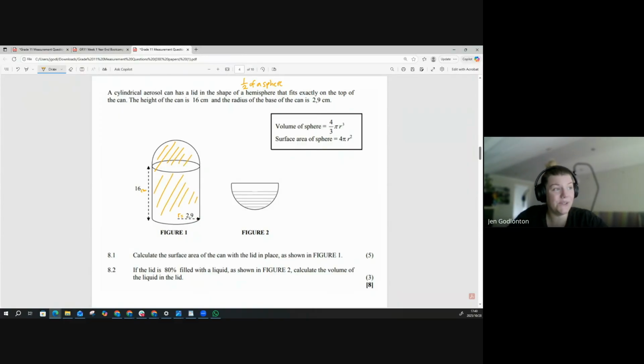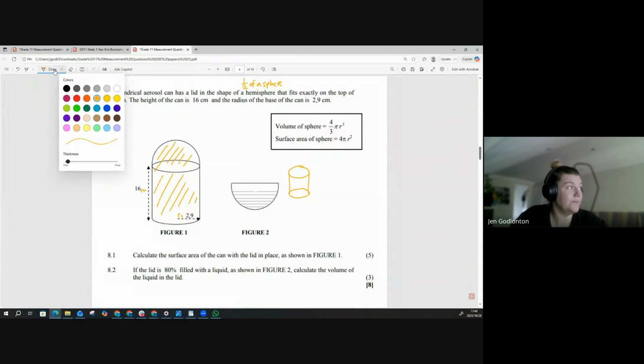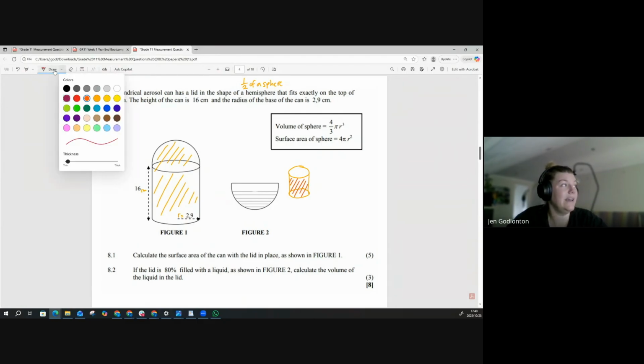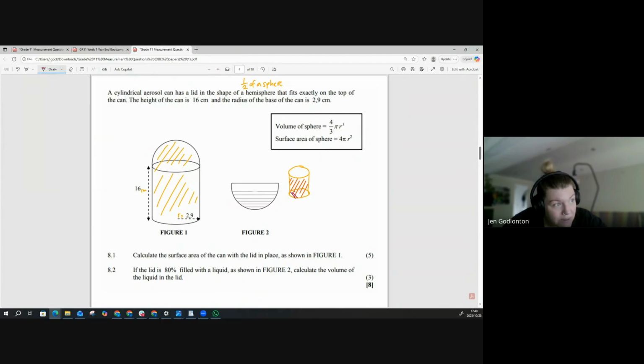Now, if I was doing the bottom part of my can, the surface area that I'm going to include is all of this outside area of my cylinder and the bottom base circle.